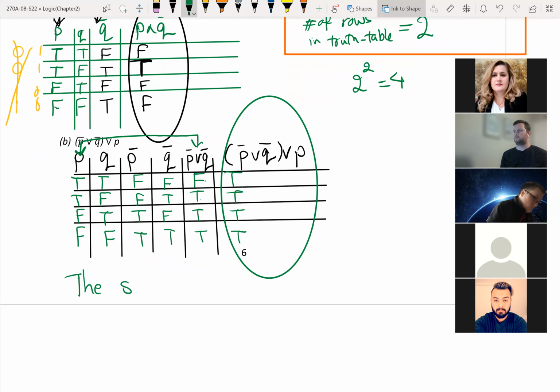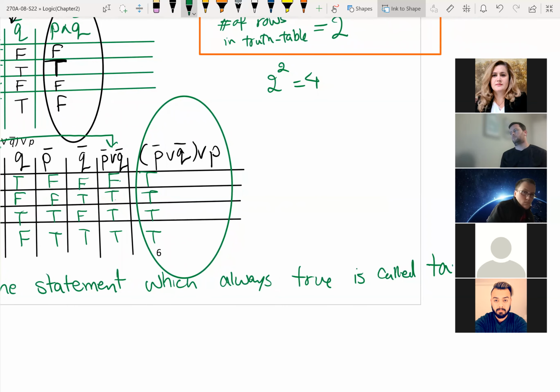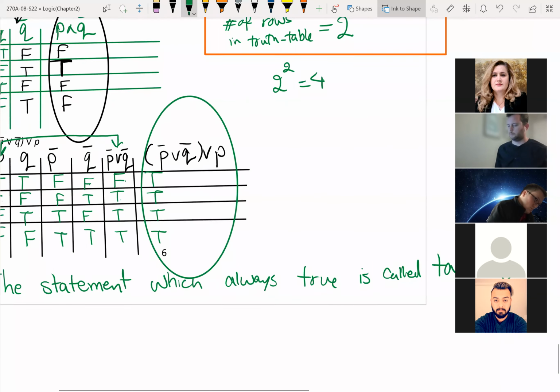The statement which is always true is called tautology.